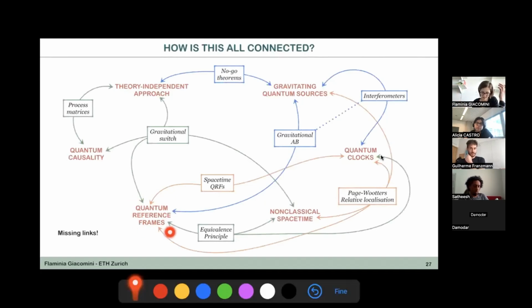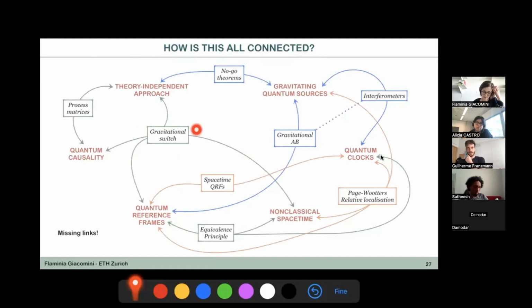So they also connect to the topic that we discussed today, and to non-classical spacetime, because of the mass-energy equivalence. And then, what am I forgetting? The equivalence principle that was formulated in terms of quantum reference frames, but of course it also has a lot to do with non-classical spacetime and with quantum clocks, which in the end will be how this is going to be verified.